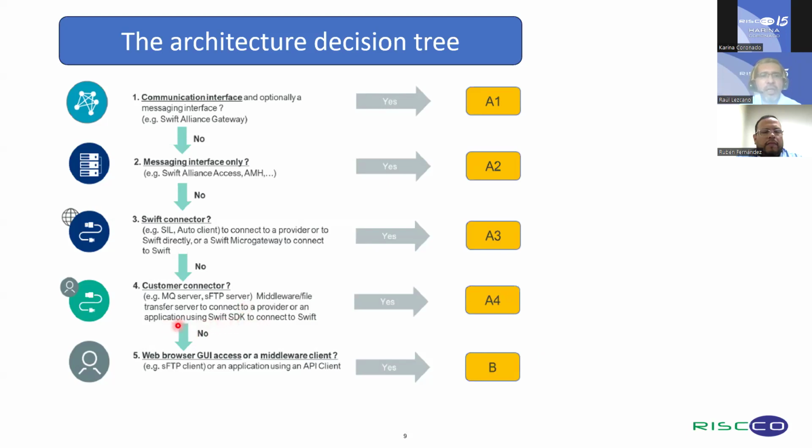You can see there are types of connections to integrate the back office like Swift SDK. There is middleware, there are microwave ways, and I don't see the APIs here, but there are APIs also.